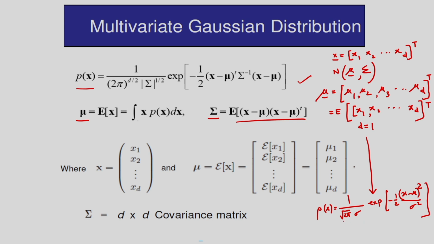In this case I have two parameters, one is the mean, another one is the variance. So for the univariate case, I have two parameters. In the d-dimensional case, from the vector I can determine the mean vector, and also the d by d covariance matrix.